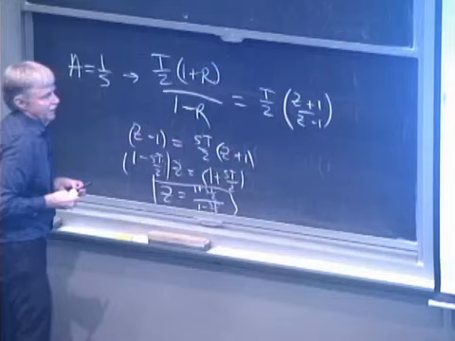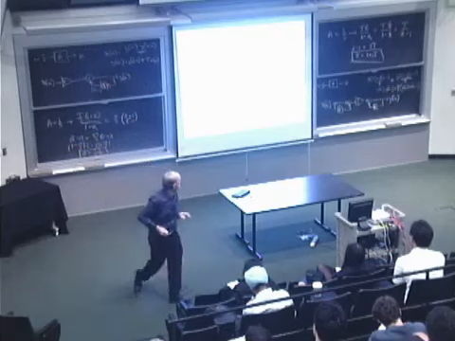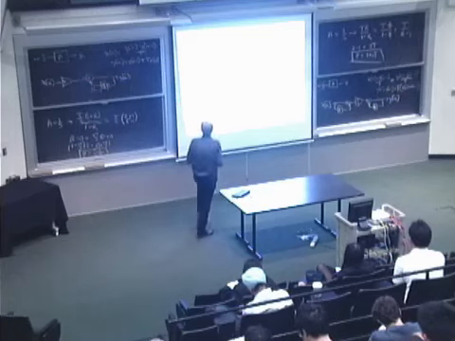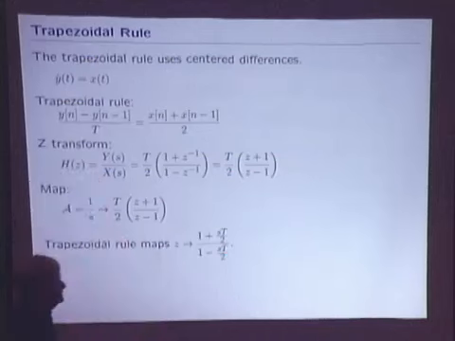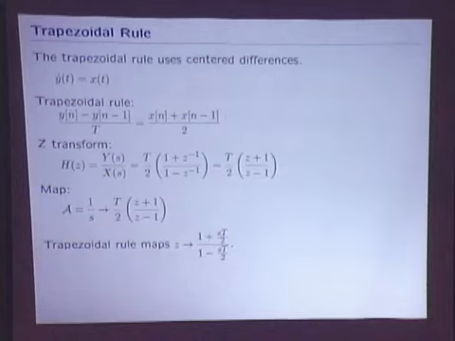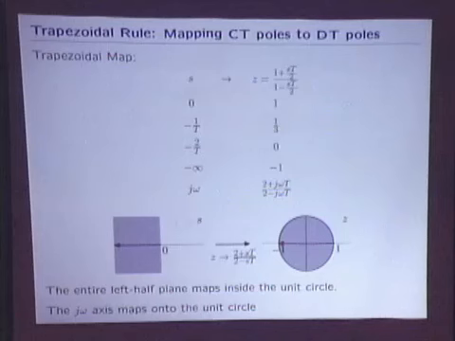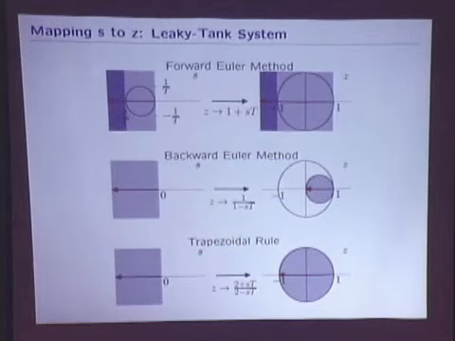So that's my new transformation based on the trapezoidal rule, which is showed here. Hopefully they match. So z maps to 1 plus st over 2 divided by 1 minus st over 2. And the interesting thing about that transformation is that it maps the entire left half plane of S precisely into the unit circle. That was the reason that the trapezoidal rule worked so much better on the problems that you tried in homework 2.